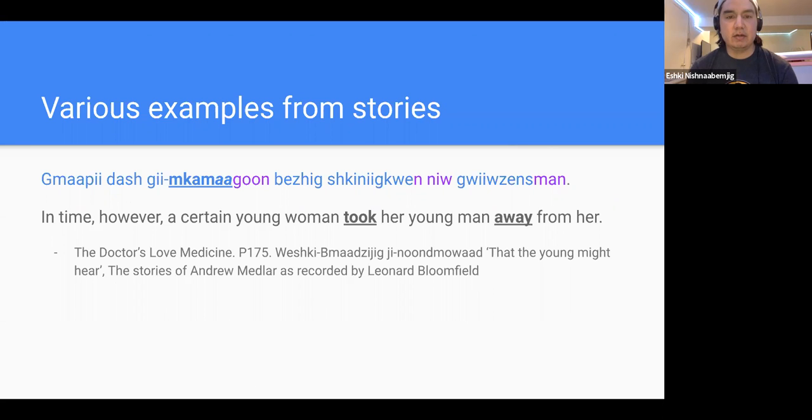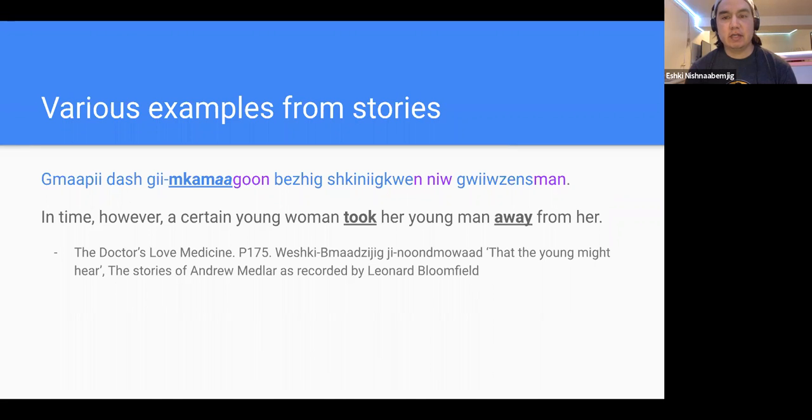And so I highlighted take away because you kind of have to separate it in this English context, but the verb means to take something away from someone. So in time, gamapi dash, however, gim kamagun bejik shkinikwen.